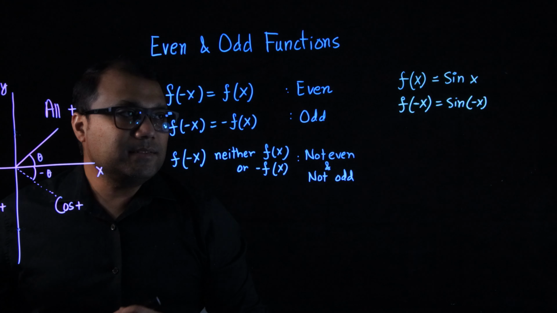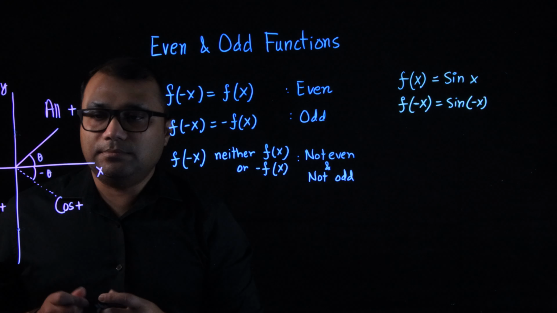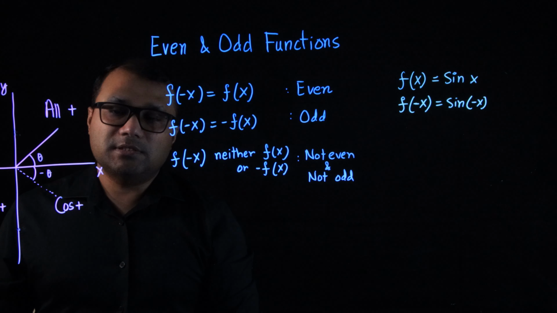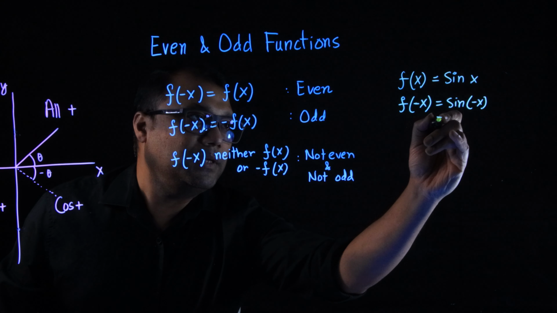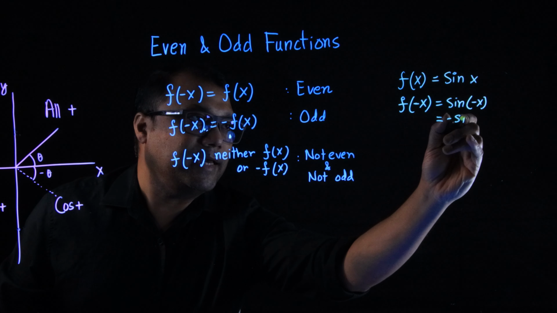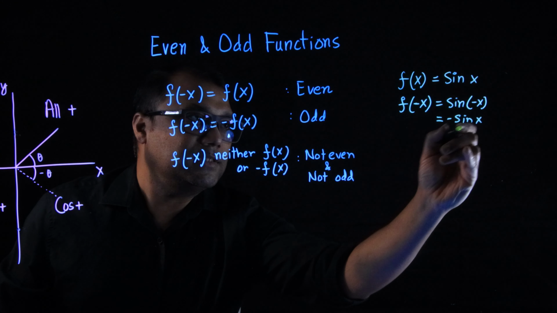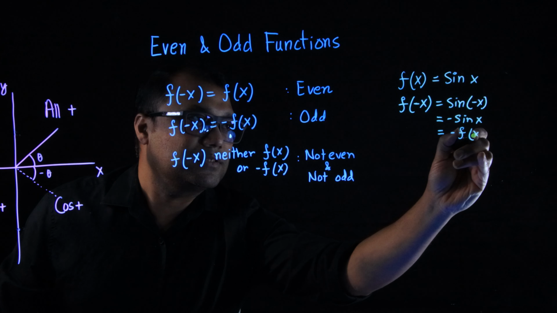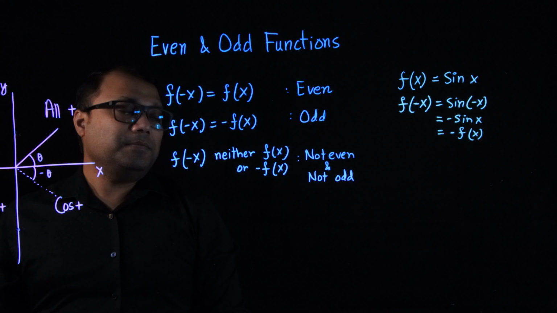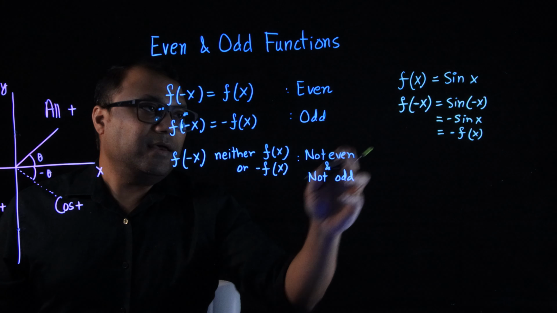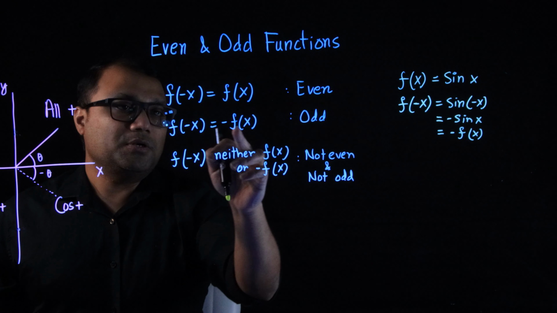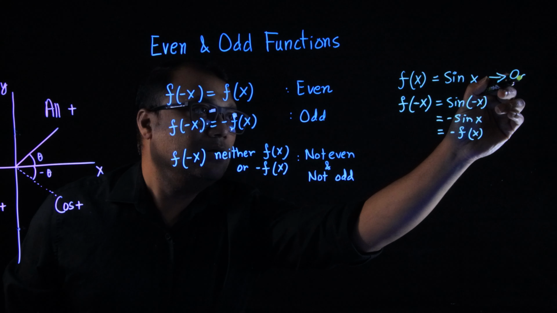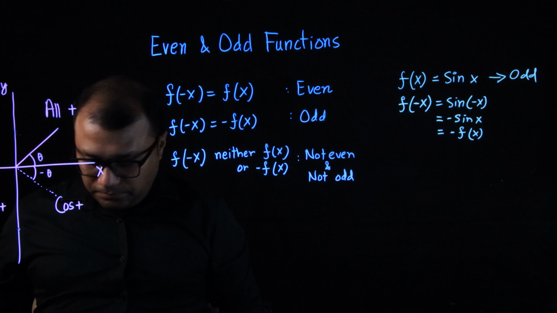So sine of minus x: theta is in this quadrant, where only cos is positive. So this should be minus sine x. What does that mean? This means this is minus f x. So f of minus x is equal to minus f x. So that means sine x is an odd function.